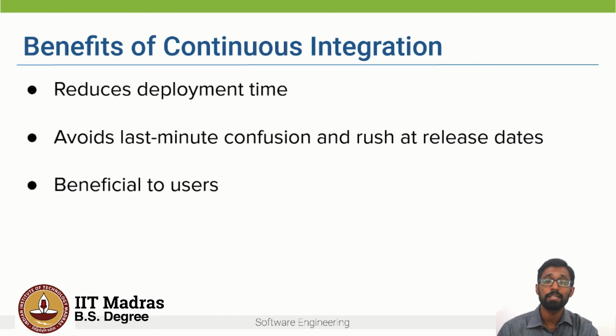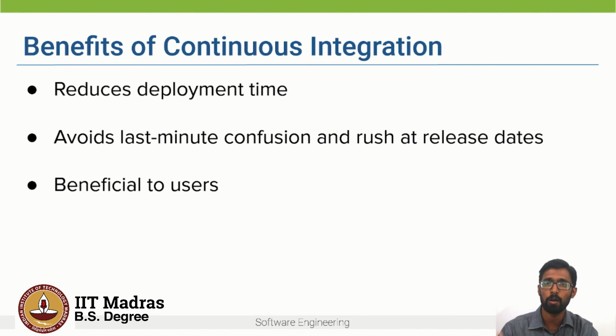Third is that it is beneficial to end users as well. Let's say they want to see an initial prototype, or the sales or management team wants to show a demo of the tool. All they have to do is run it from the staging server, because the continuous integration server will tell the staging server to build the code.